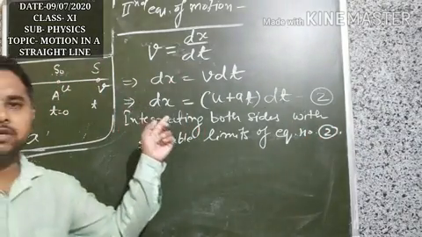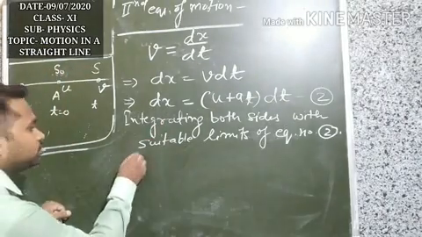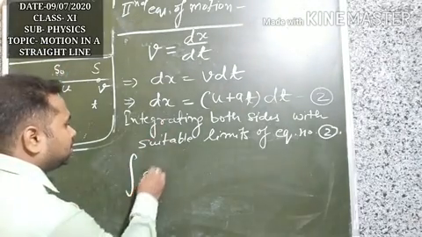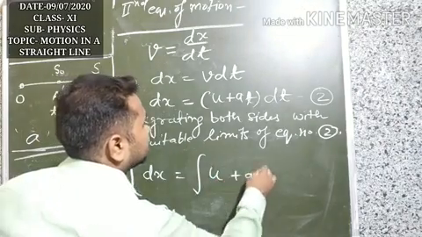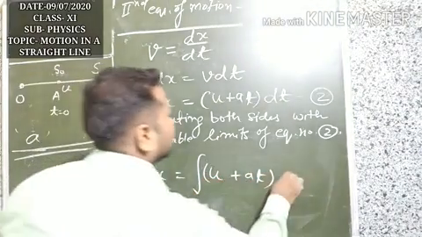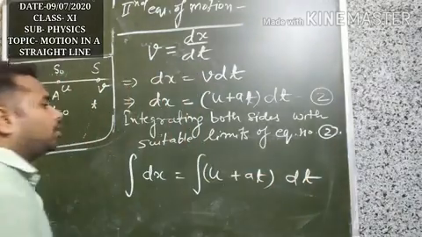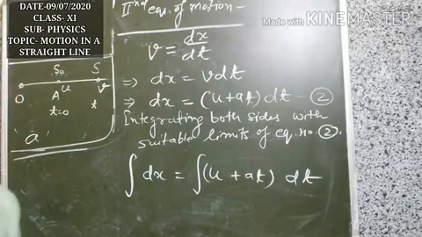Again we have to use the integration method, so use the symbol for integration, dx, and here also u plus at dt. Now let's use the suitable limits.